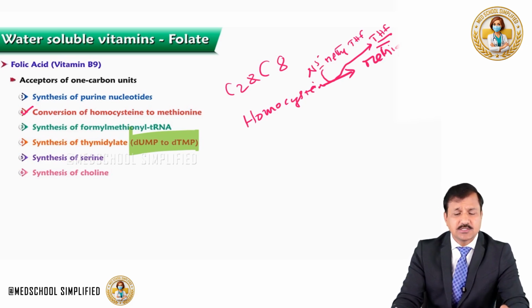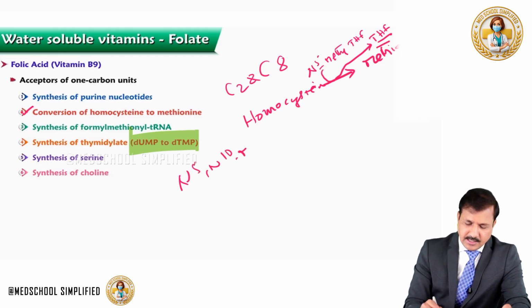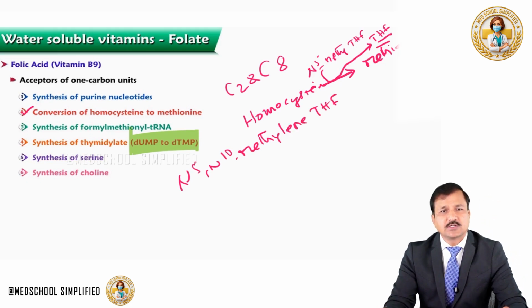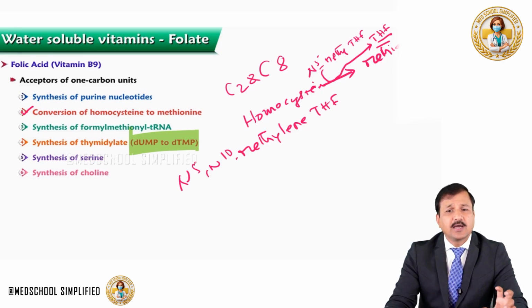During this process there will be use of N5, N10 methylene tetrahydrofolate. N5, N10 methylene tetrahydrofolate is used in the conversion of dUMP to dTMP, that is done by the enzyme thymidylate synthase.